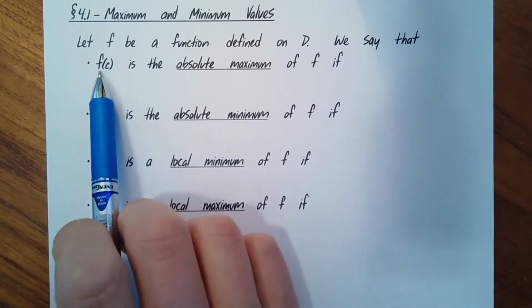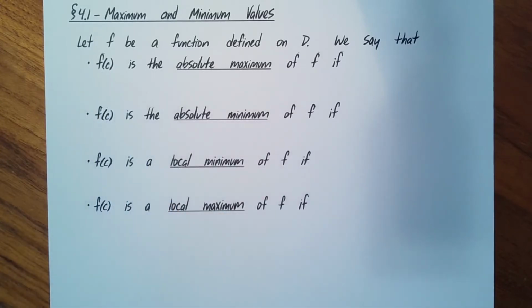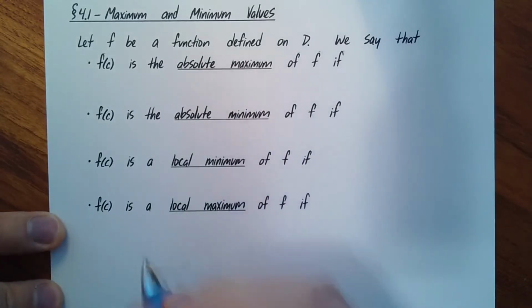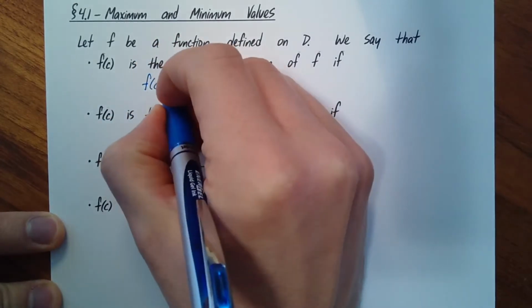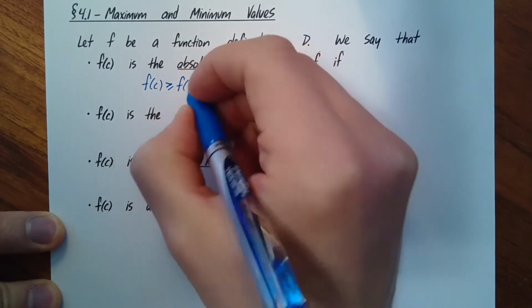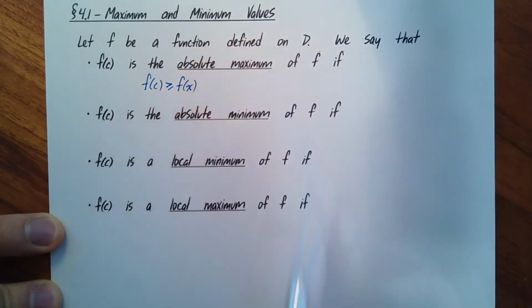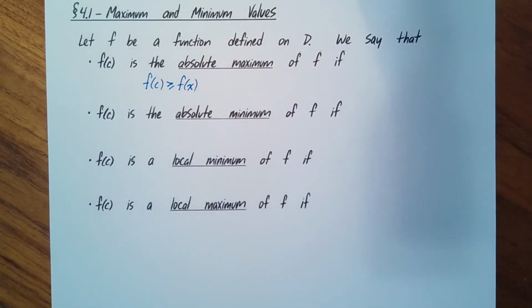So under what circumstances is f of c the absolute maximum of f? Well, roughly speaking, it means that it's the biggest value you can get from f as an output value. So how do you say that mathematically? We say it like this. If f of c is greater than or equal to f of x for every other choice of x.